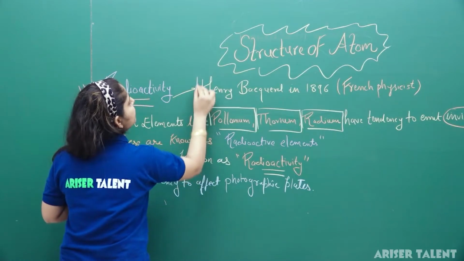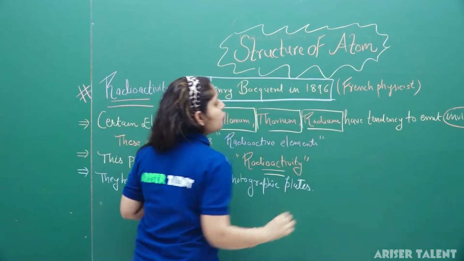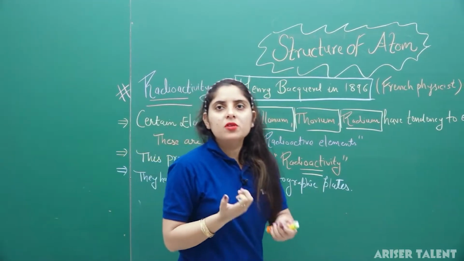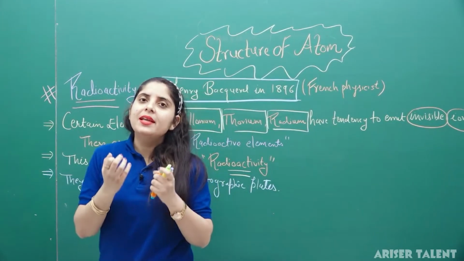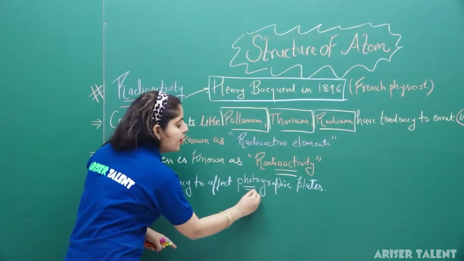This term was first used by Henri Becquerel in 1896. So finally, radioactive elements are those elements or those isotopes which have a tendency to emit ionizable invisible rays and which majorly affect the photographic plates.